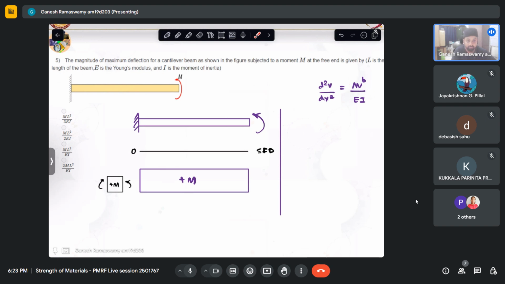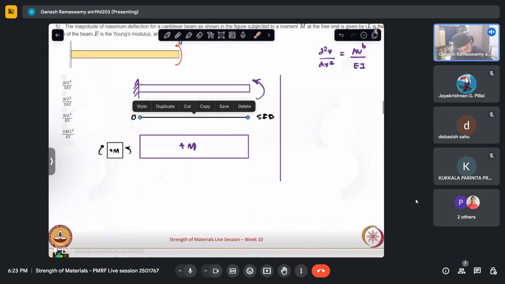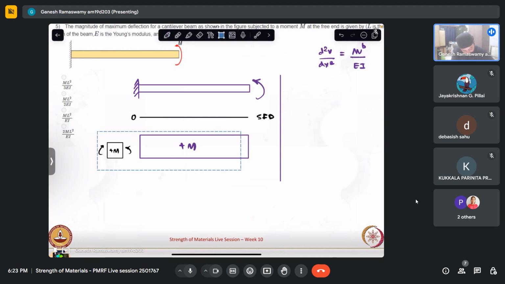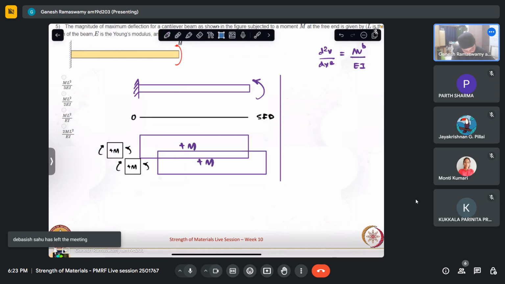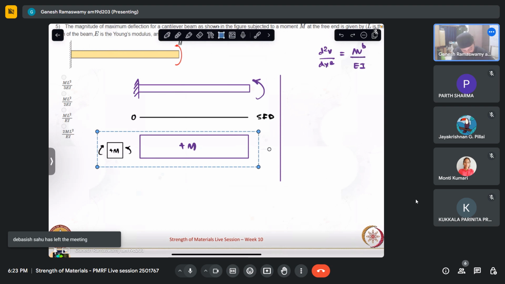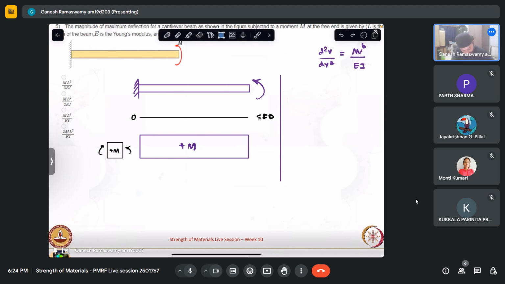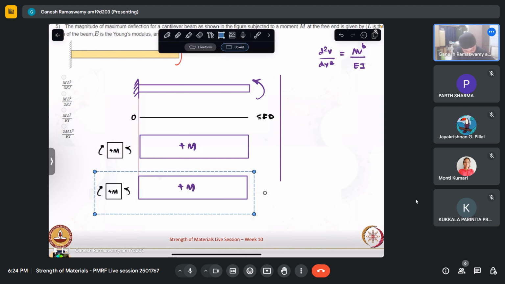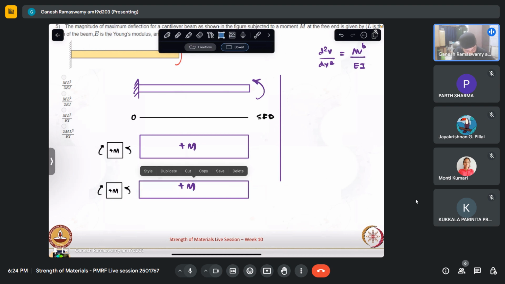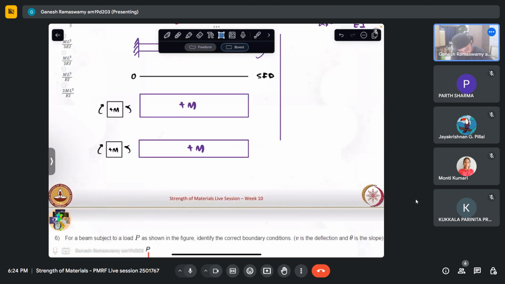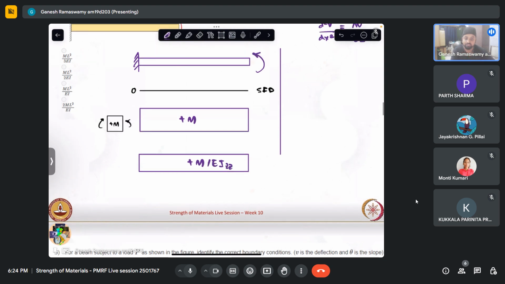So M I already have. If I just scale it by a factor of EI, because in this problem EI is constant, it is not having any variation, so it will just result in a smaller rectangle with a lesser height, that is all. So this will be M by EI zz. So this diagram I have.